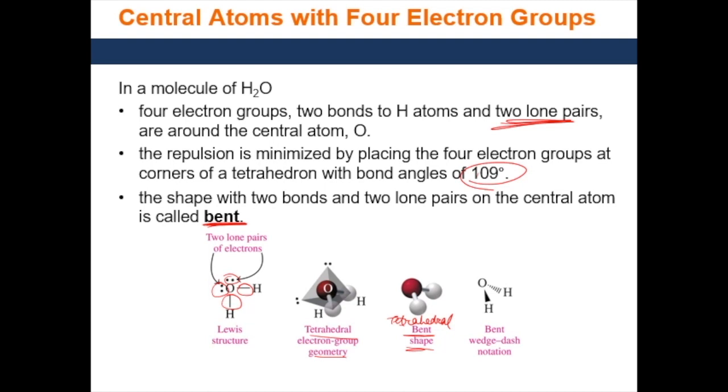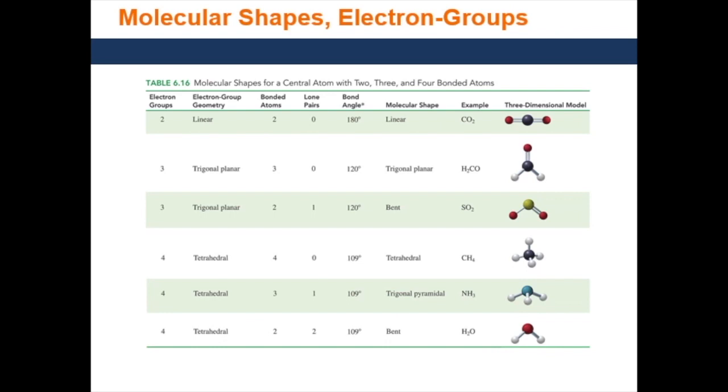So this is something that you would have to memorize for yourself, which type of electron group will result in what shape. Basically a summary of everything. If it is two electron groups and both of those are bonds, and lone pairs are 0, it would be a linear shape. The bond angle is 180.